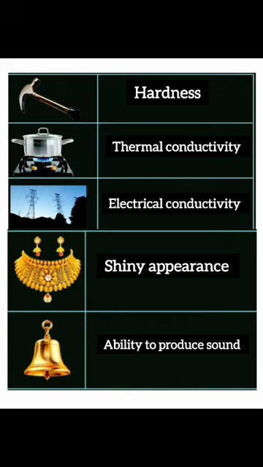The fourth picture shows the ornament set, which has the property of shiny appearance, and the fifth picture shows the bell, which has the ability to produce sound. Now you are all familiar with the properties, right? What are the properties? Hardness, thermal conductivity, electrical conductivity, shiny appearance, and the ability to produce sound. So these are the characteristic properties of metals.